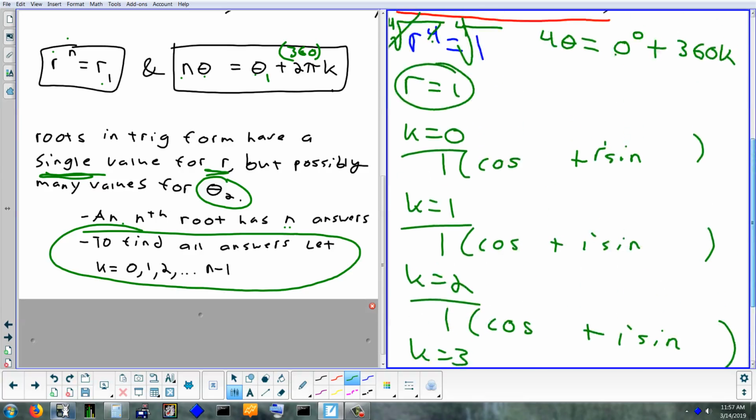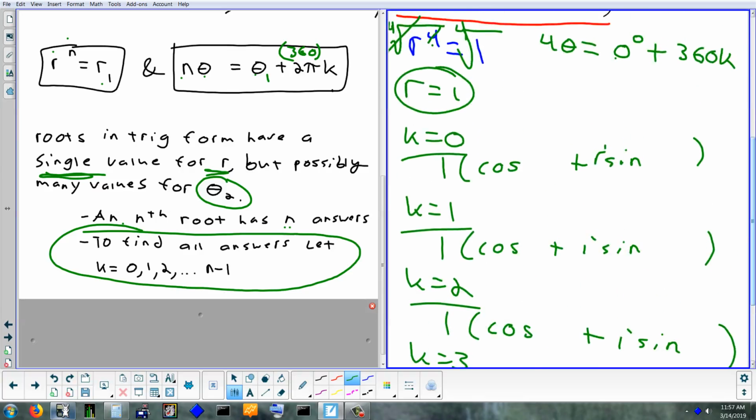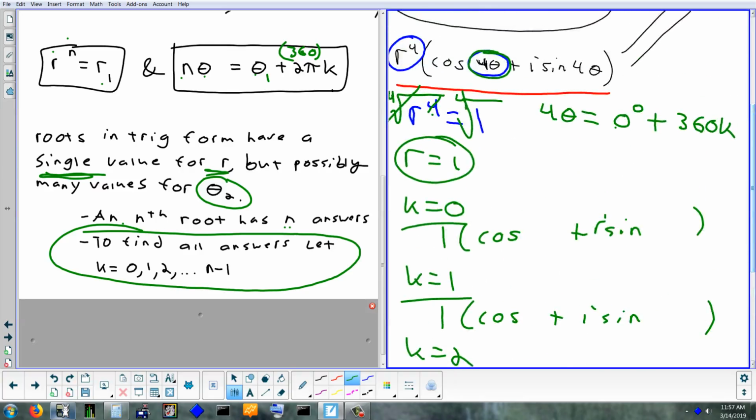All we have to do is start by plugging 0 in for k. All right? Now, what are we solving for right now? What did we call our angle? Theta. So if I can, I would kind of like to have this 4 on the other side. So I have a formula like this. Theta equals, not 4 theta equals.